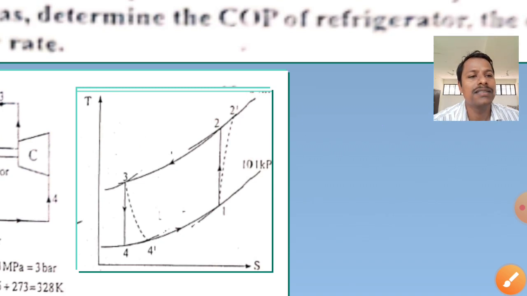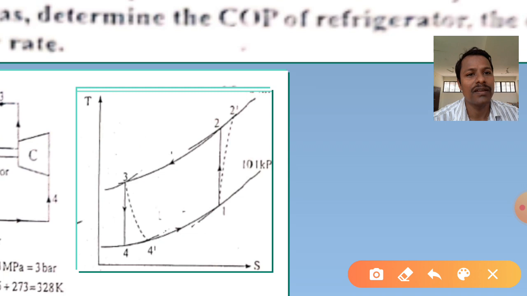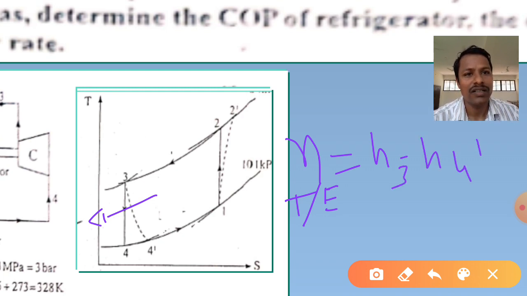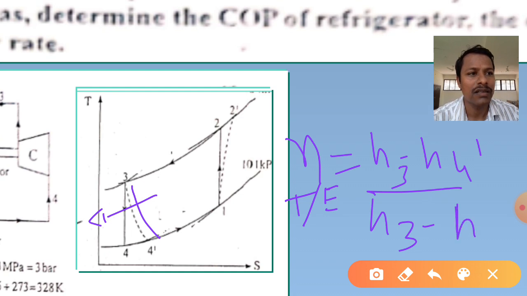Again for the expander, if I write the expression between the 3 and 4 process, the efficiency of the expander, or you can also write it as turbine efficiency, eta suffix T, is equal to the smaller one, H3 minus H4 dash. If you observe the length of the path, H3 minus H4 dash is the smaller one, divided by H3 minus H4.